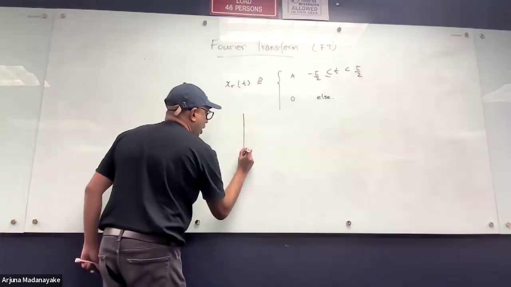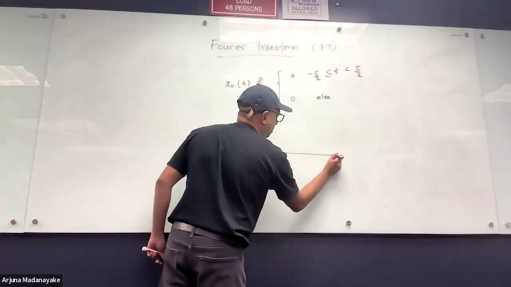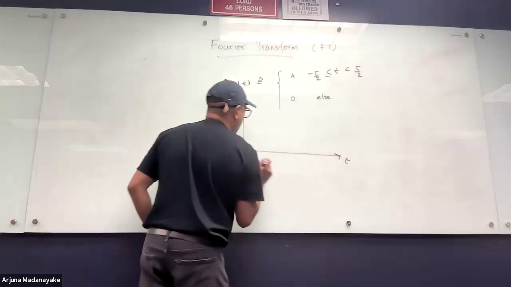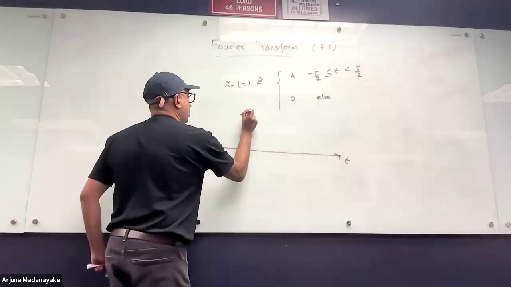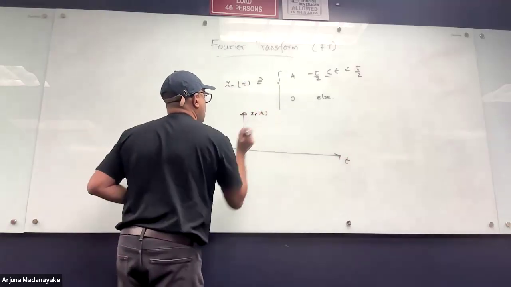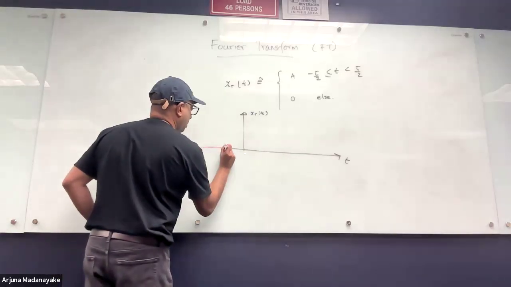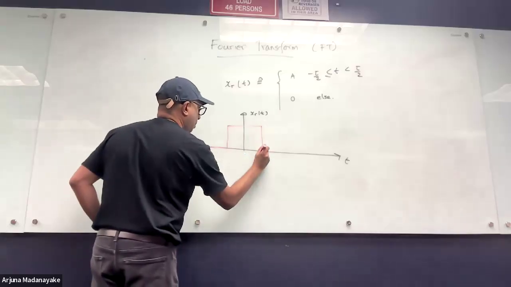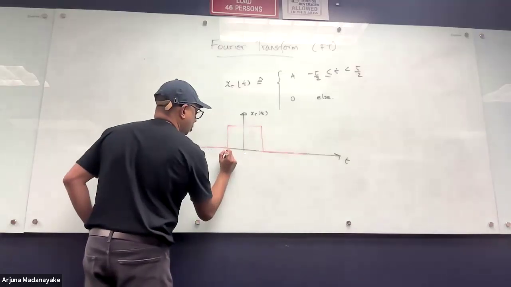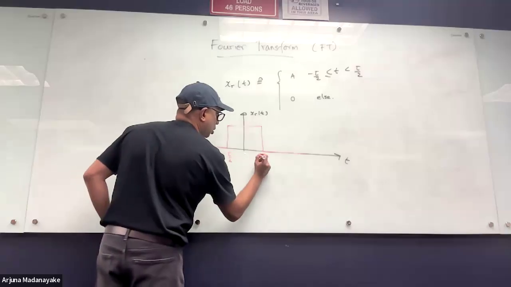So this is my standard pulse, from minus tau by 2 to plus tau by 2.